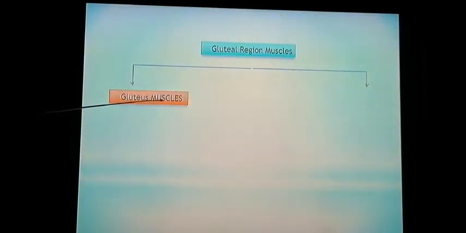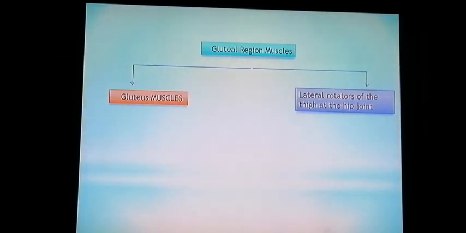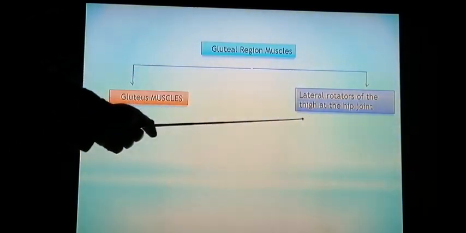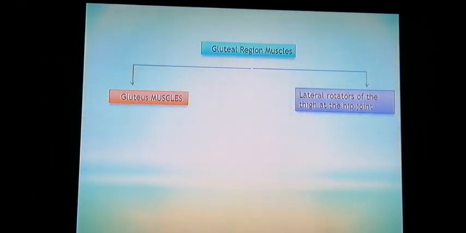The muscles of the gluteal region are classified into two groups. The first group is named the gluteus muscles, and the second group, according to their action, is named the lateral rotators of the thigh at the hip joint.